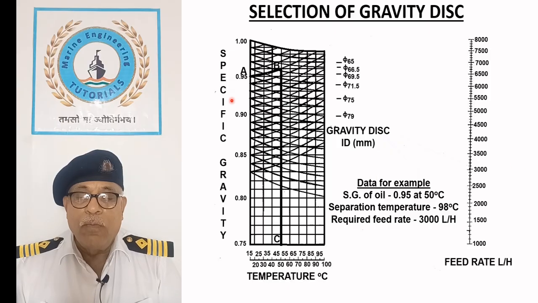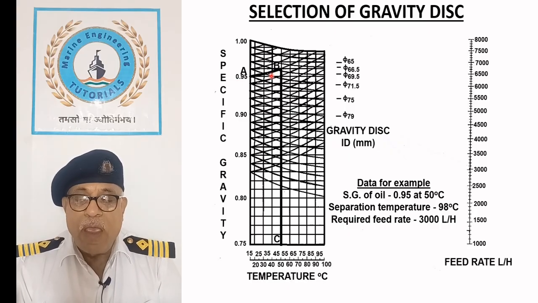First of all, the point B for specific gravity of 0.95 at 50 degrees Celsius is obtained by extending specific gravity arc along AB and temperature line along CB, both upwards.